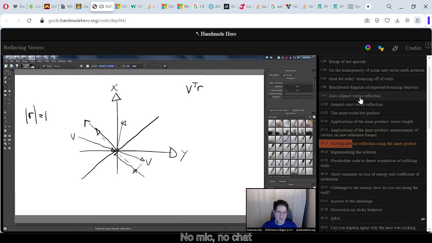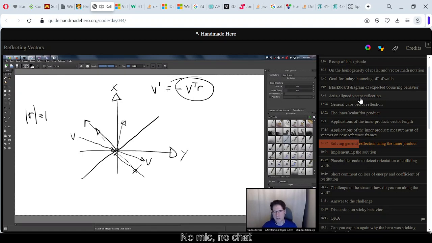So now that's the quantity I need to negate. I need to make sure my new velocity, my v prime, is basically the negative of that. It's going upwards. But this is a scalar quantity. It's just a number, the measure along here. I need a whole vector for reflection. I need to construct this whole vector.